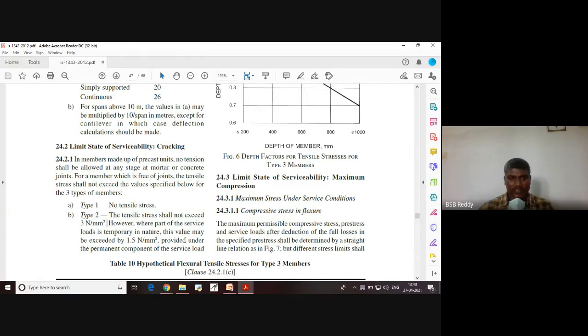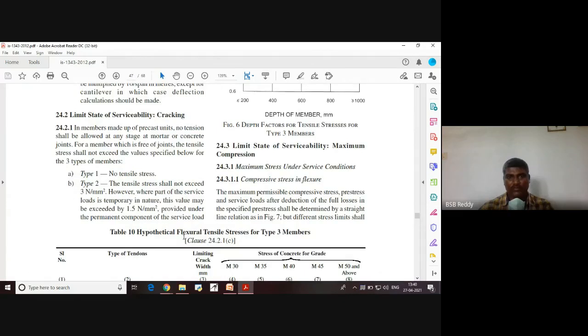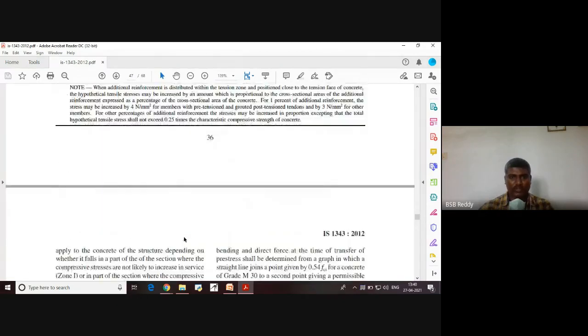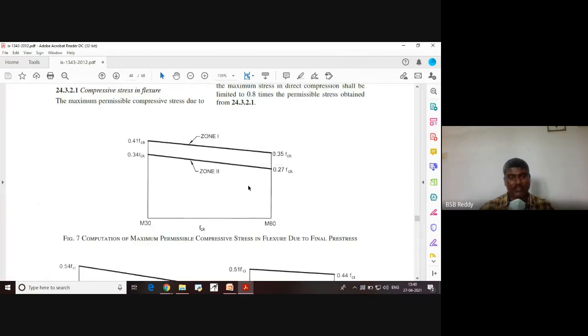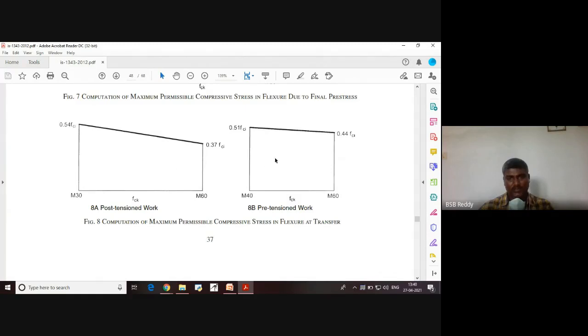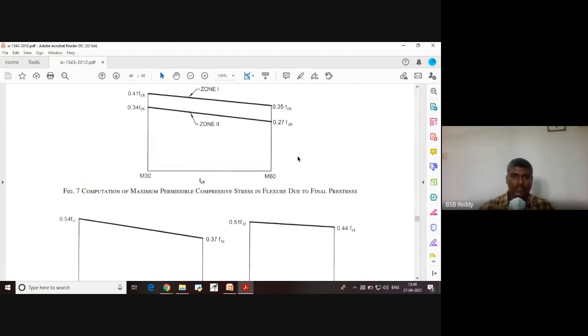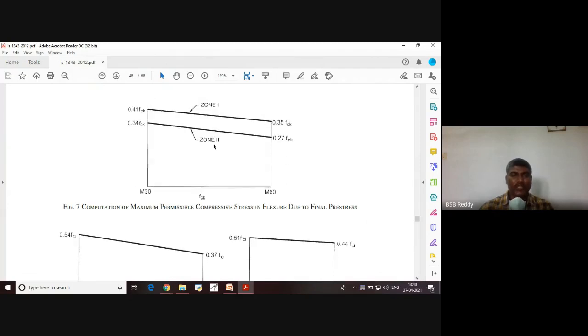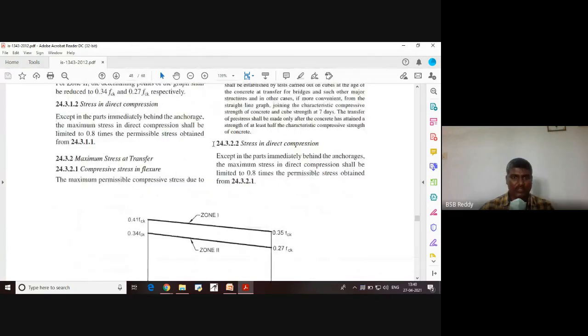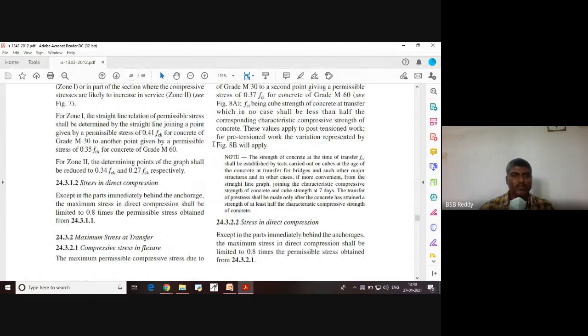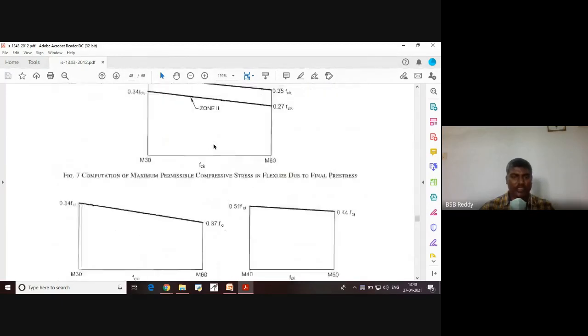Likewise, you have this clause 24.2, and 24.3.2.1 gives the diagram that you have just seen, and here it is, at transfer and at service final due to final pre-stress. That's what I told you, that if you have the IS code with you for ready reference, you don't need to worry about remembering all those diagrams.